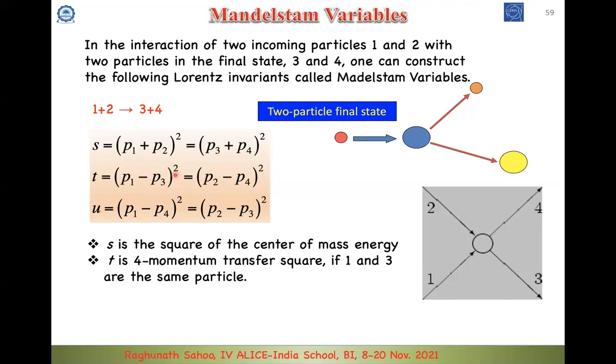We are restricted to more or less S and sometimes T. One can actually show, using the 4-vector algebra which I did, that S plus T plus U is equal to the sum over i of m_i squared. So all the masses occurring in the interaction, squared and summed, equal S plus T plus U. You should go on and show this starting from these equations.